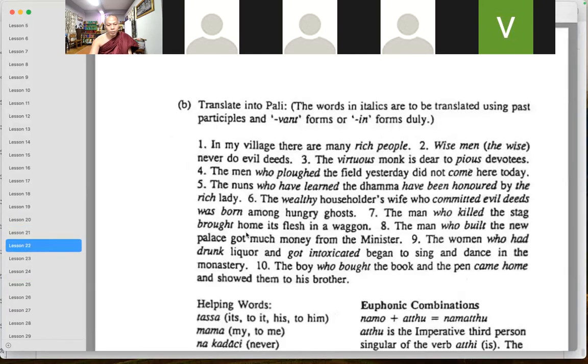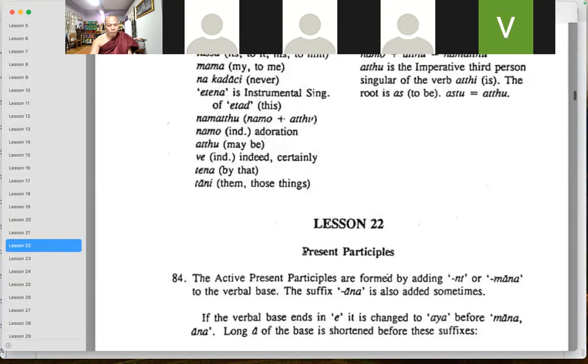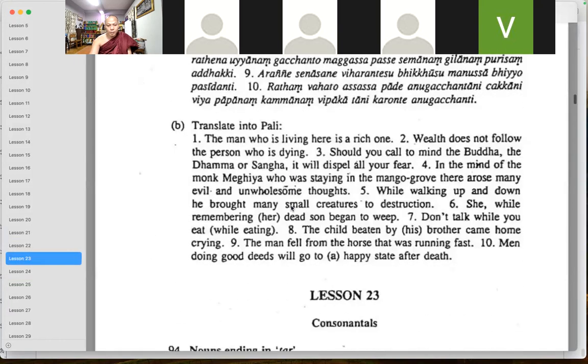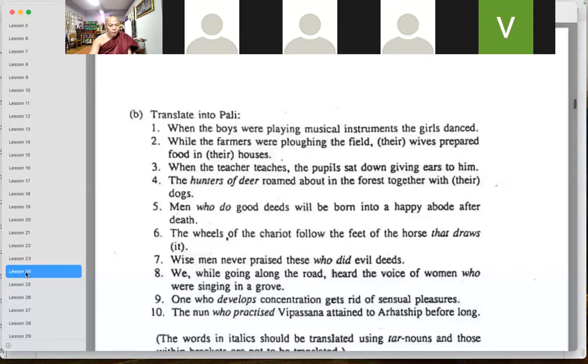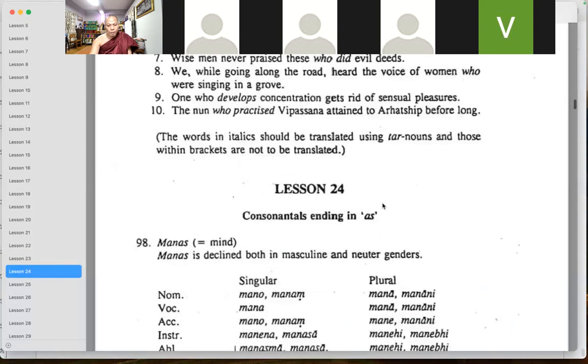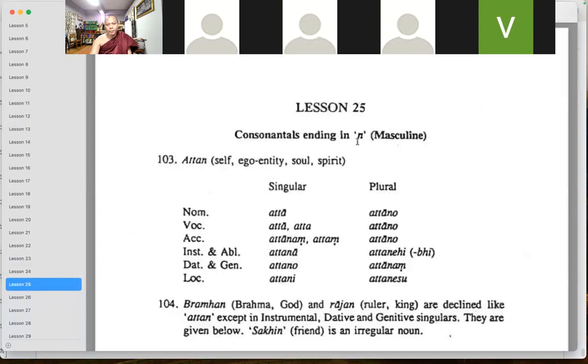And 22 is about the present participle. So also ant, but the other mana, ana also vowel ending. And 23 is about the consonant ending in the ra, dar. And 24 is ending in the r, sas. And then 25 is an.